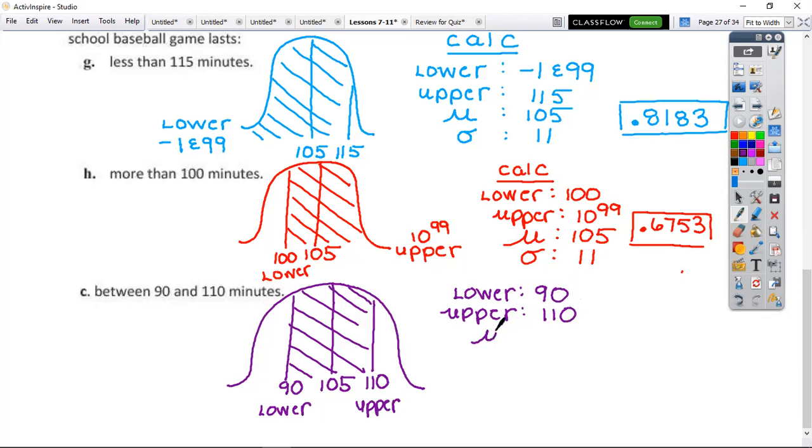My mu is equal to 105 still, where sigma is still equal to 11. And that gets placed in the calculator one more time. And that is your third and final scenario with these.